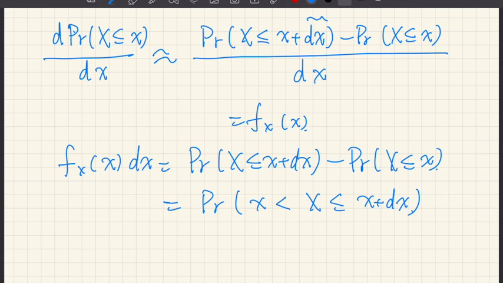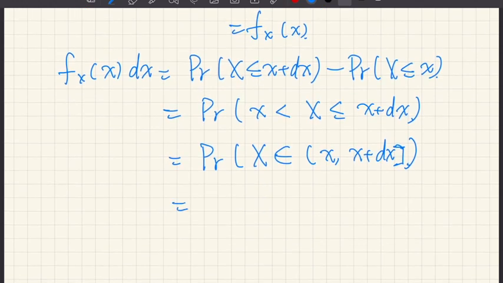That means X is in this interval. For simplicity, we write like this. If you write it like this, then the similarity is a little clearer.